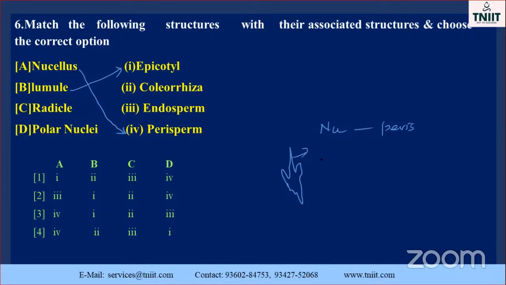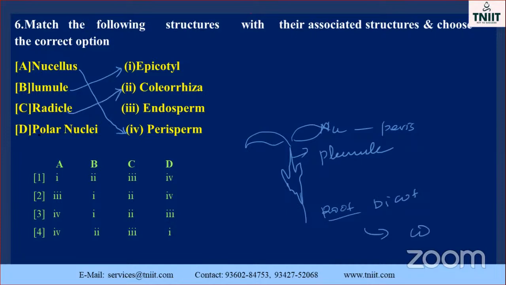What is the radicle? Radicle produces a root in dicot. If it is a monocot, it means coleorhiza. So the radicle is coleorhiza.